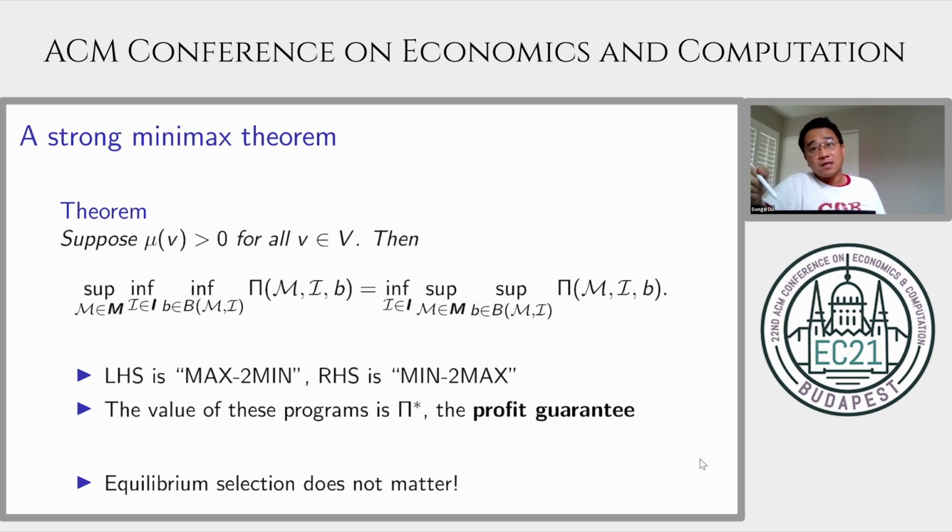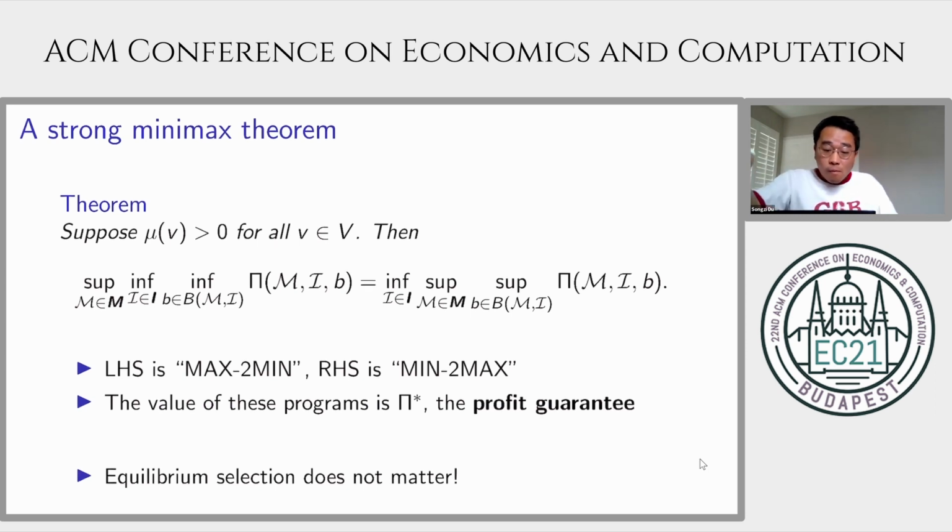But on the right-hand side, we are saying that suppose the adversarial nature is moving first, choosing some information structure, and then we are able to see that information structure, and we can choose a mechanism to best respond to the information structure, and also we are able to choose the best-case equilibrium from our perspective as seller. So that's the equilibrium revenue.